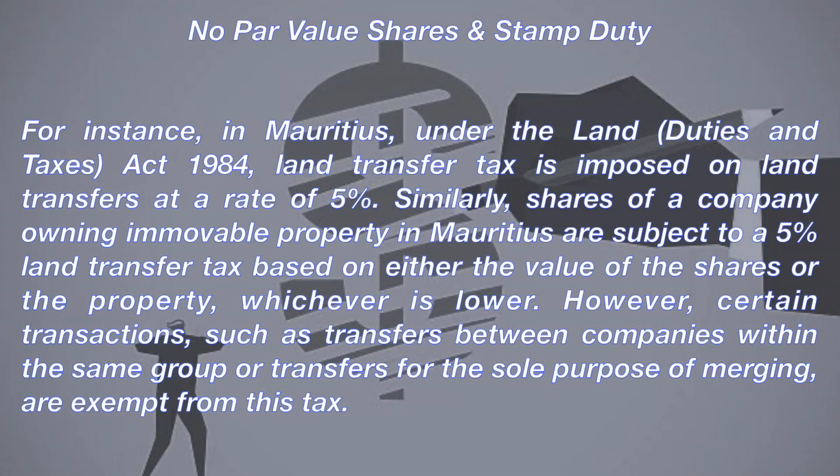For instance, in Mauritius, under the Land Duties and Taxes Act of 1984, land transfer tax is imposed on land transfers at a rate of 5%. Similarly, shares of a company owning immovable property in Mauritius are subject to a 5% land transfer tax, based either on the value of the shares or the property, whichever is lower.